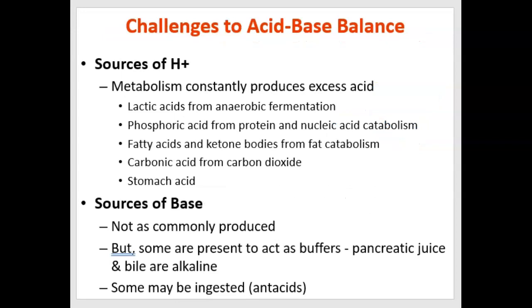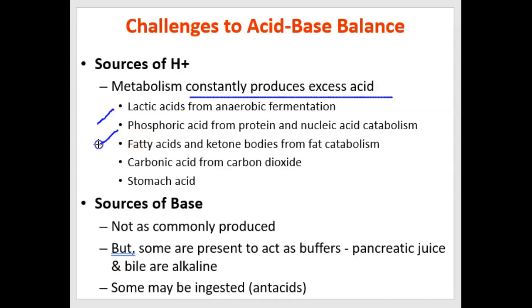Now, as humans and land animals, the way our metabolism works is that we constantly produce excess hydrogen ions or acids. We produce lactic acid by anaerobic fermentation in order to produce a little bit of ATP when oxygen's not around in some cells.